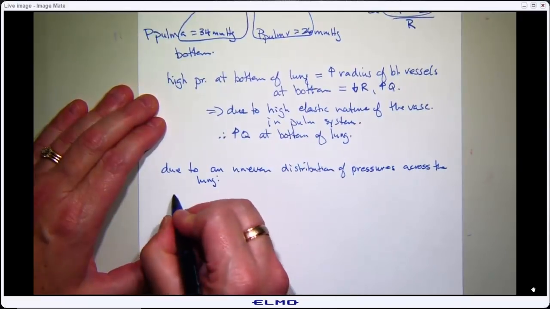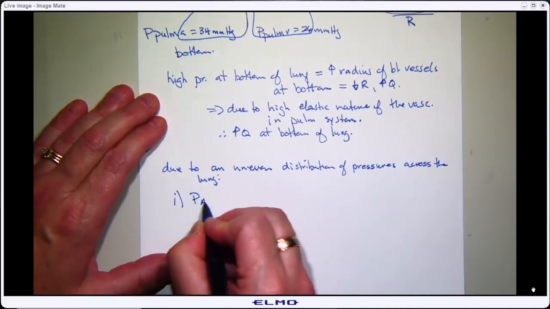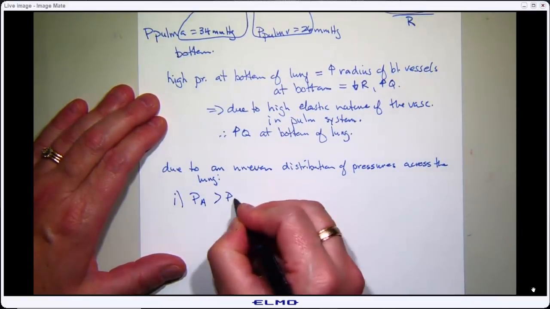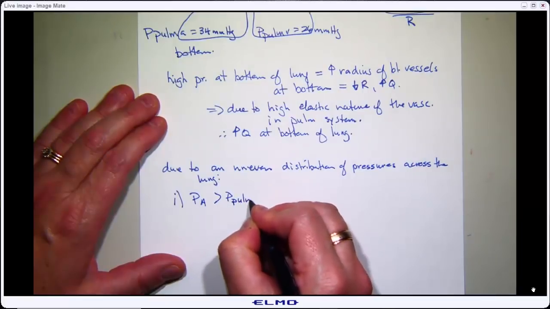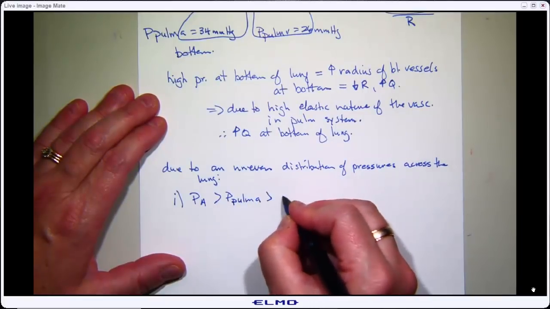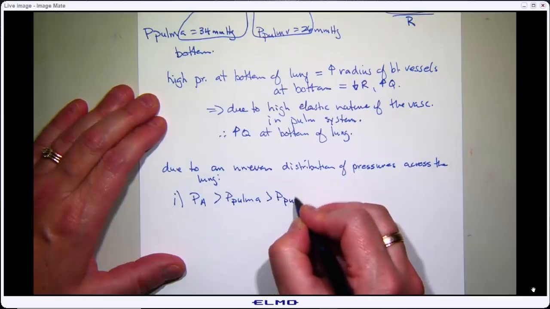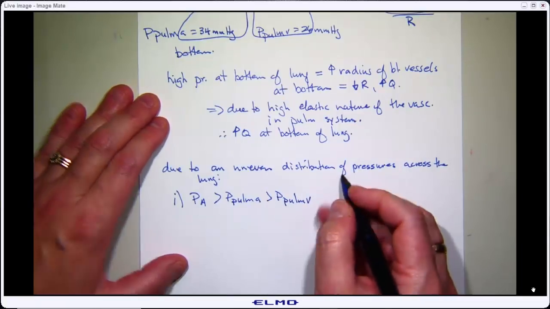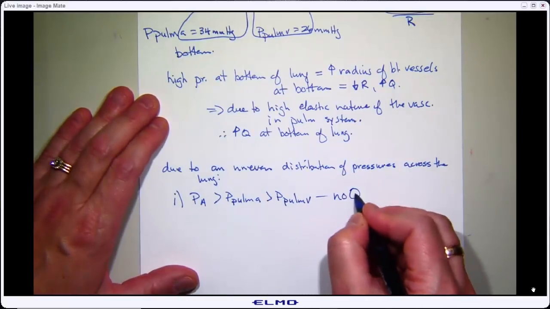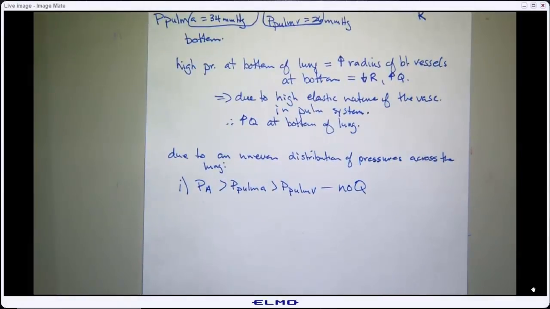there will be scenarios where pressure in the alveolus is greater than pressure in the pulmonary artery, being greater than pressure in the pulmonary vein. So there's going to be regions based on gravity where this scenario is true.